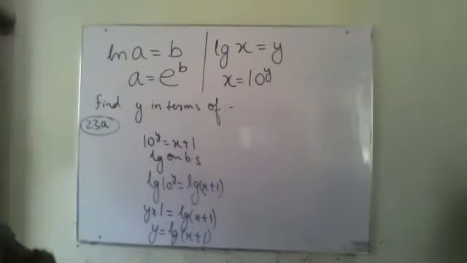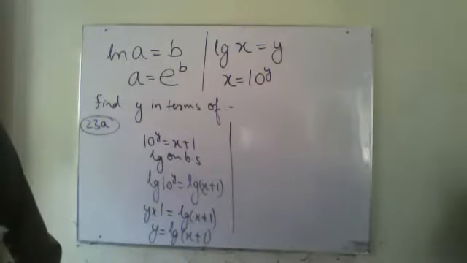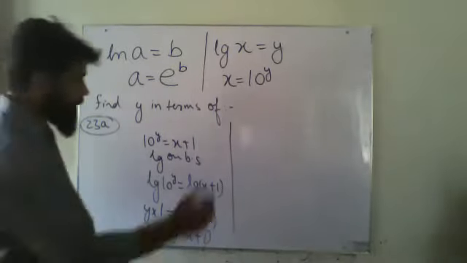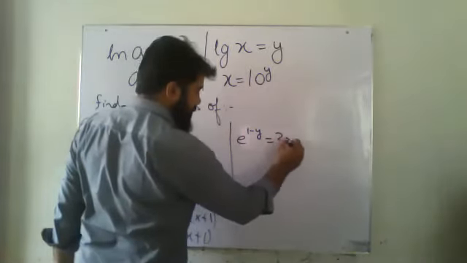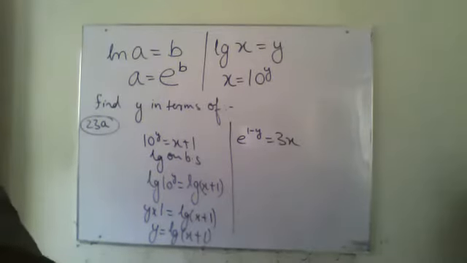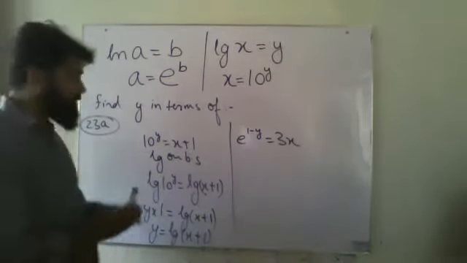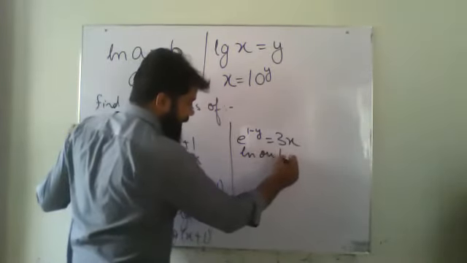Next, they are giving me e to the power 1 minus y equals 3x. Now it is exponential, so I am going to apply ln on both sides.